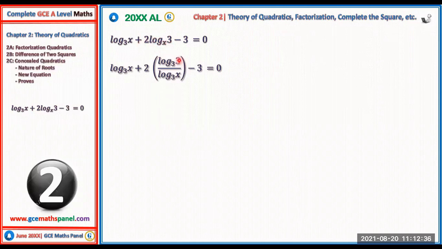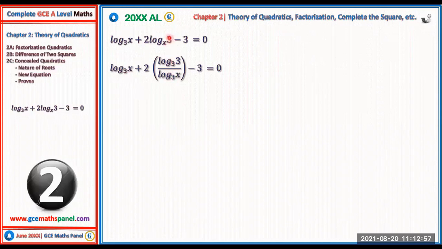I want my new base to be 3. I take 3 as the base for the numerator and 3 as the base for the denominator, so that it will coincide with this other base here, which is 3. Class, are we together? Yes, sir.